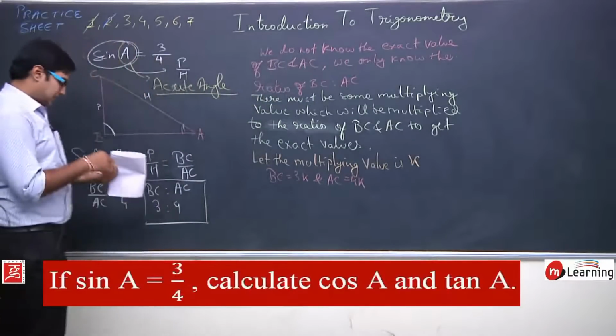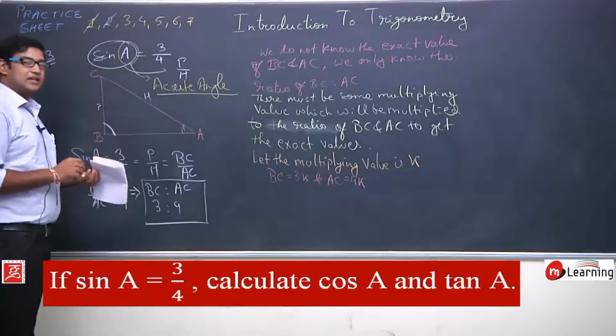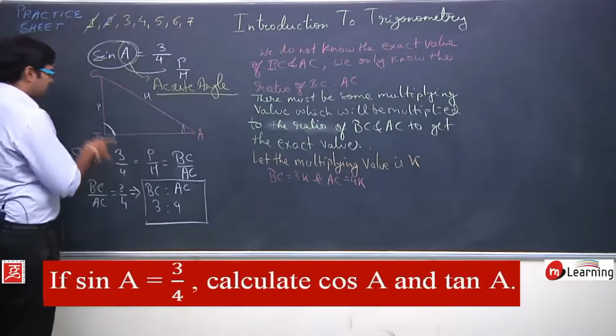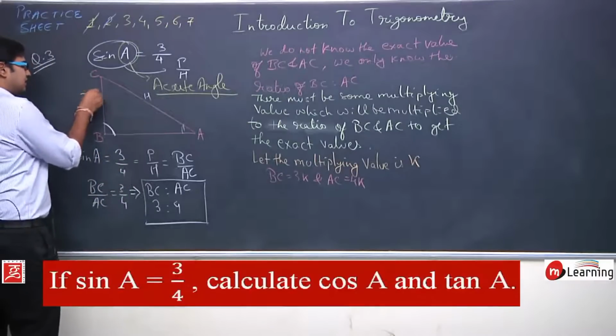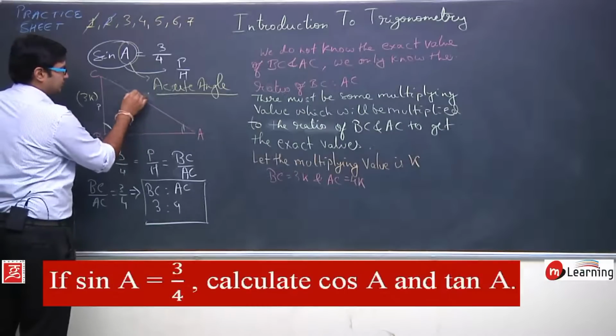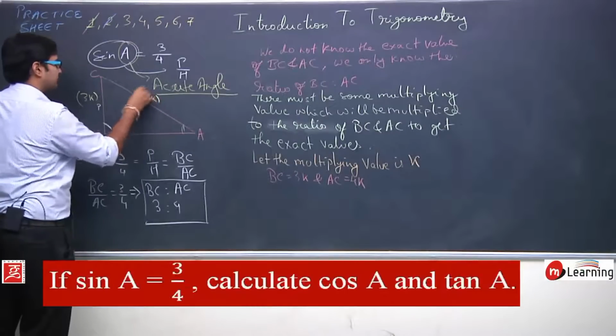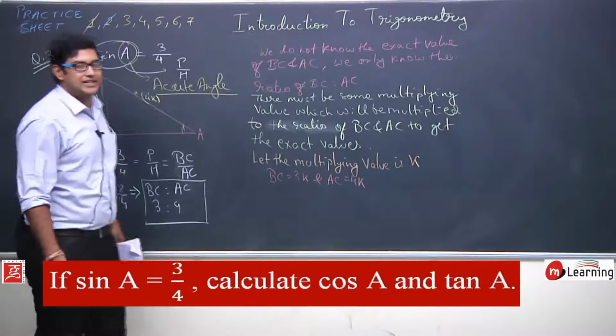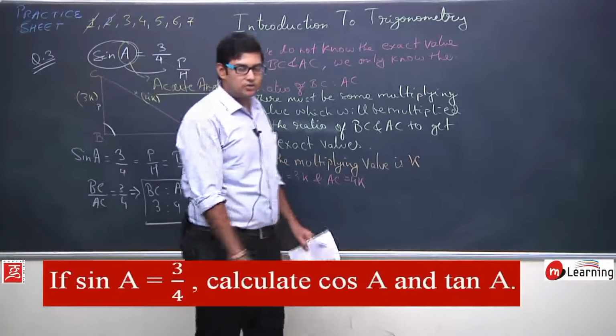So what are the values of BC and AC? 3k and 4k. BC is this one, this is 3k, and this is AC, which is 4k.